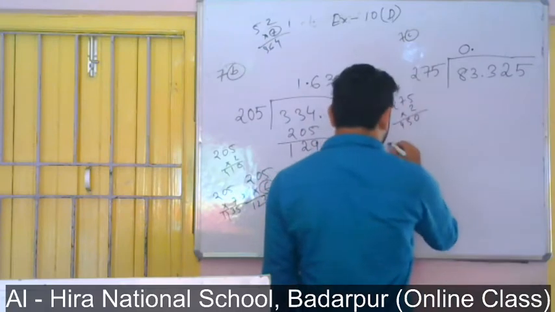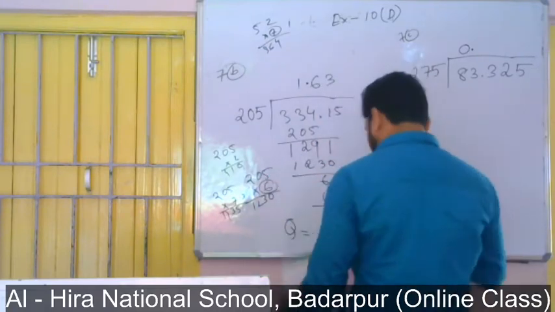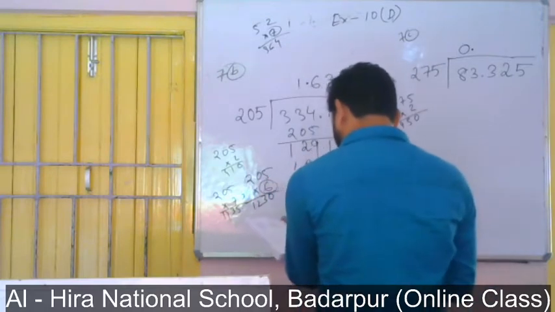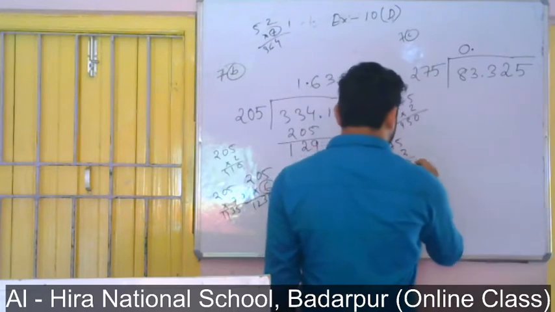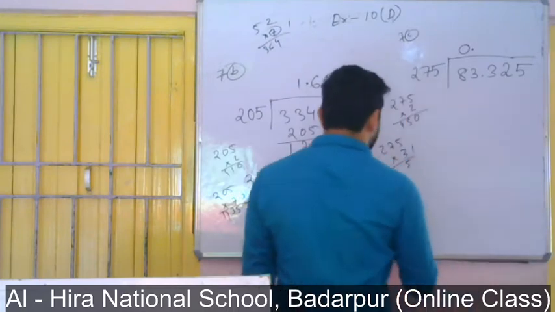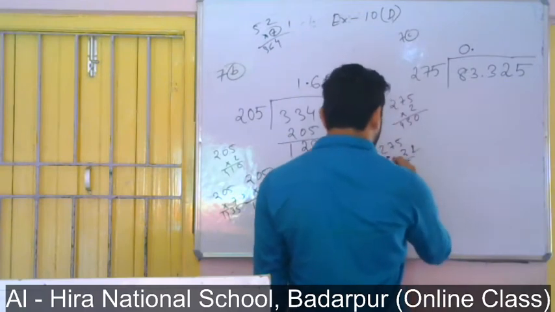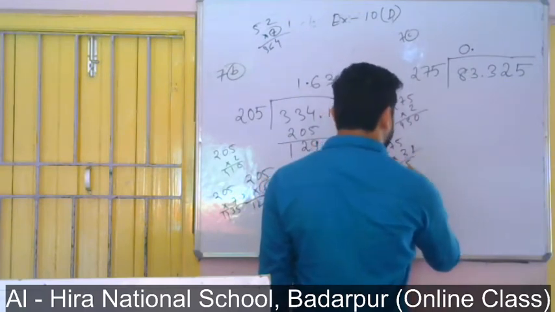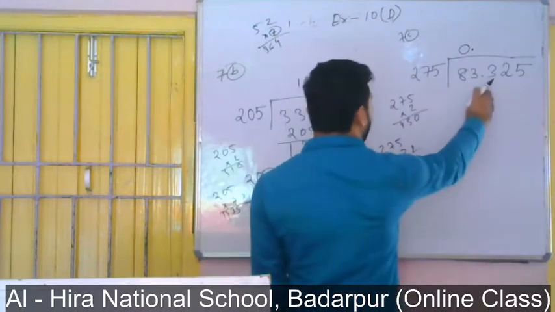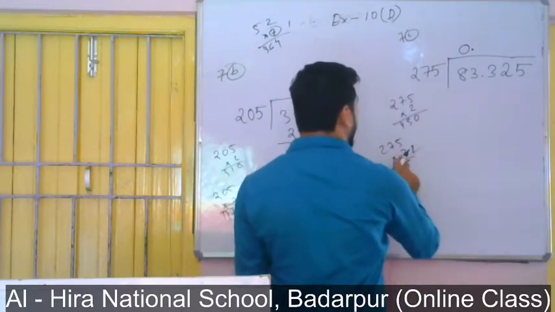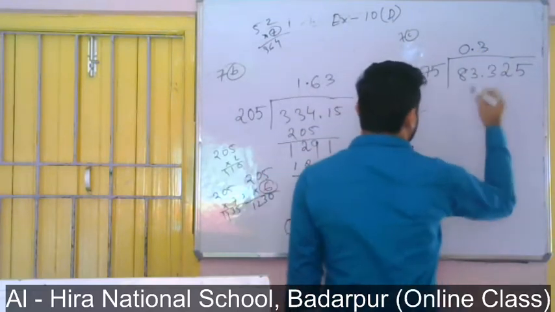Now let us check for 3. 3 5s are 15, and 1. 7 3s are 21, and 1, 22, and remain 2. 3 2s are 6, 825, and here 833. So if I multiply by 4, obviously it will exceed this. So we'll write here 3, then 825.